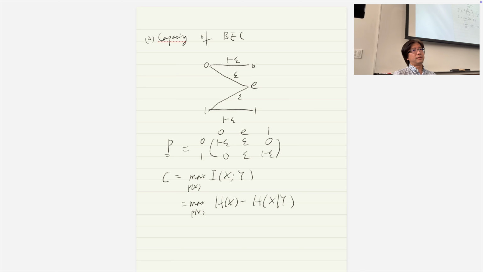If you remember, mutual information is a concave function in P(x) if P(y given x) is fixed, and a convex function in P(y given x) when P(x) is fixed. In this case, it's a concave function in P(x), with P(y given x) fixed, which is exactly our channel.